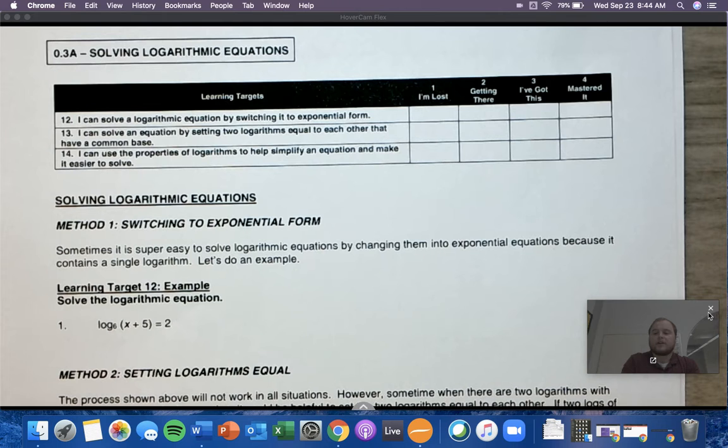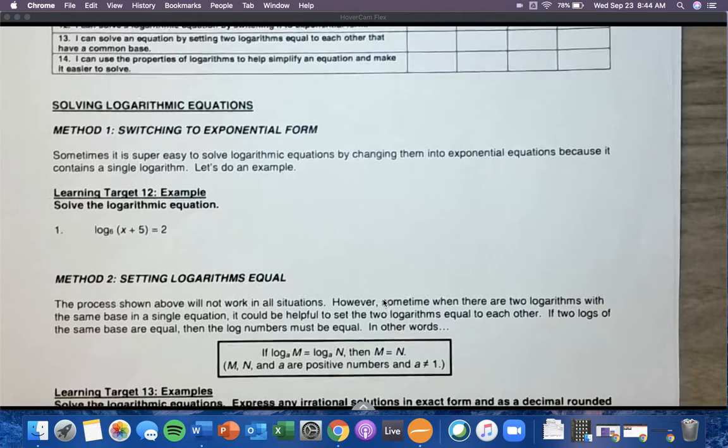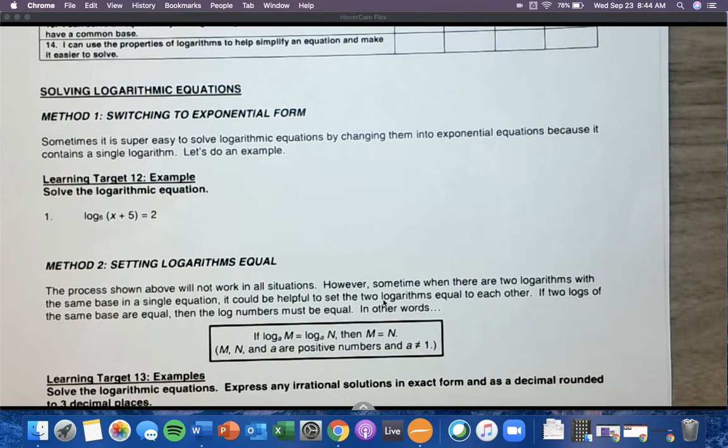So method 1, switching to exponential form, means we use that transformation to make it easier to solve, because sometimes it's easier to solve in exponential form and sometimes in logarithm form. In this example, we have log base 6 of x plus 5 is equal to 2.